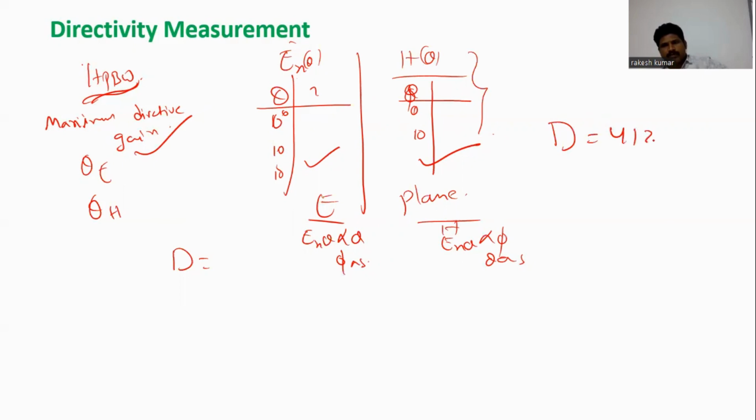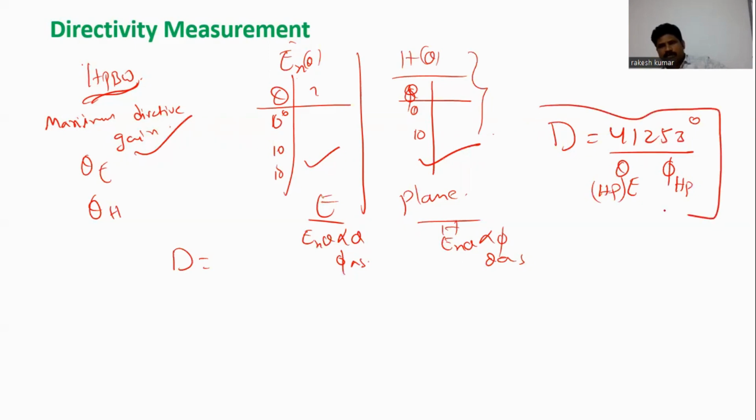D is equal to 41253 degrees squared divided by theta E, the half power beamwidth in the E plane, times the half power beamwidth in the phi direction, the H plane.